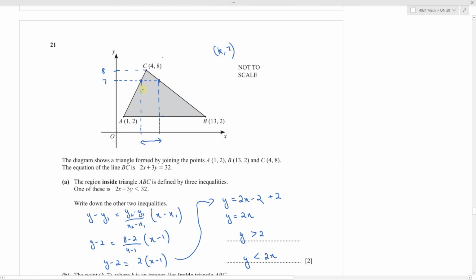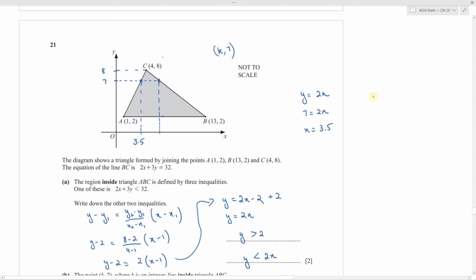To find this value, we know that this point here is on this line AC, which has equation y equals 2x. Here the y value is 7, and we have to find the x coordinate. So x will be 3.5. So this value here is 3.5. And then similarly, this point is on this line BC.